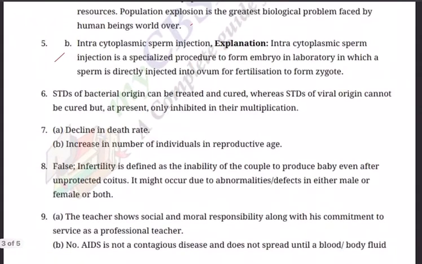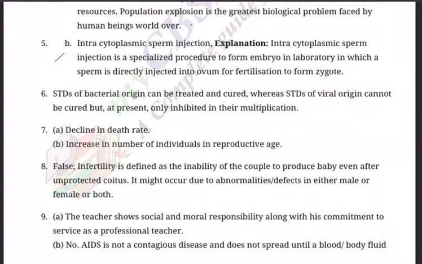Question 6. STDs, sexually transmitted diseases of bacterial origin, can be treated and cured, whereas STDs of viral origin cannot be cured, but at present only inhibited in their multiplication. It can only be controlled. Viral STDs can only be controlled.